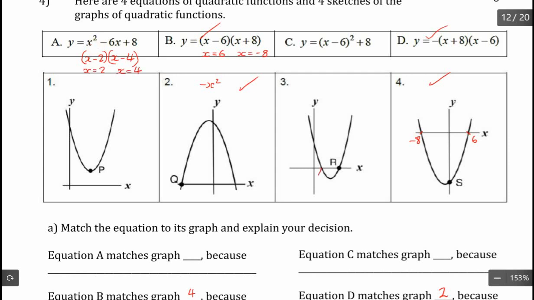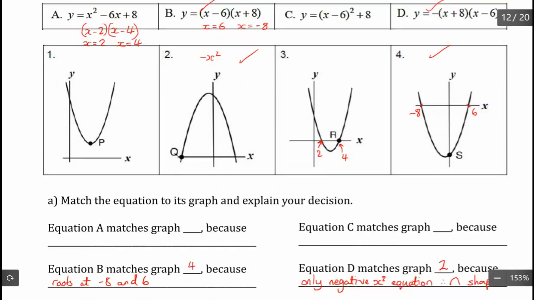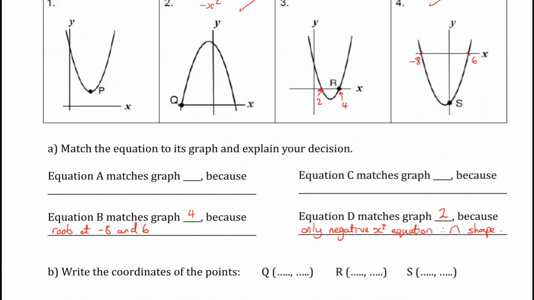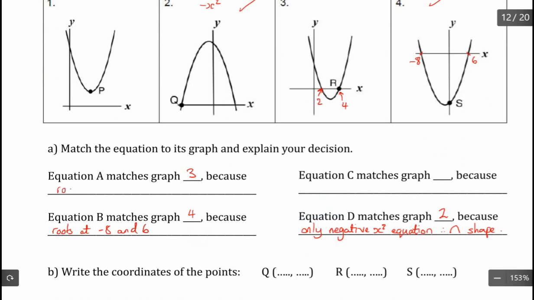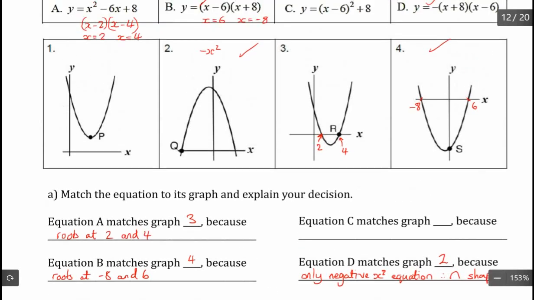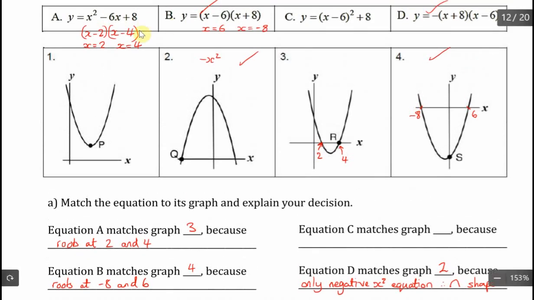So that must be this one here. Okay, so A matches 3 because it has roots at 2 and 4. Okay, and this one is my last one left over.